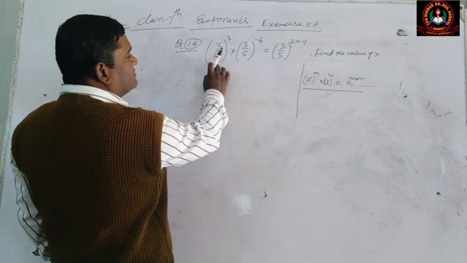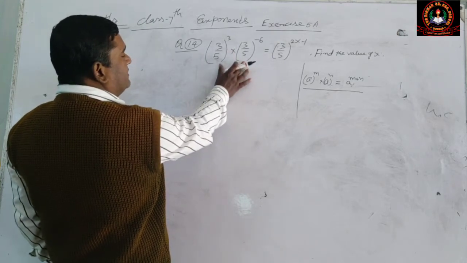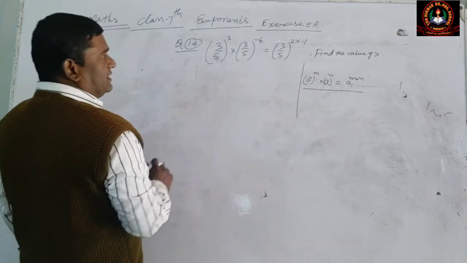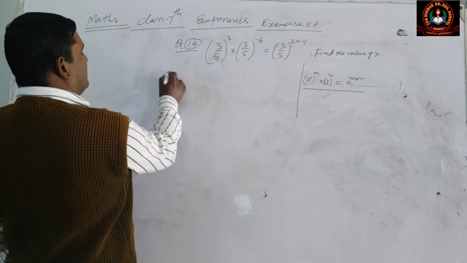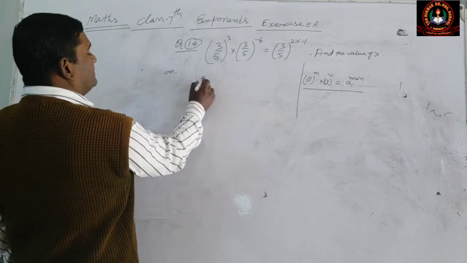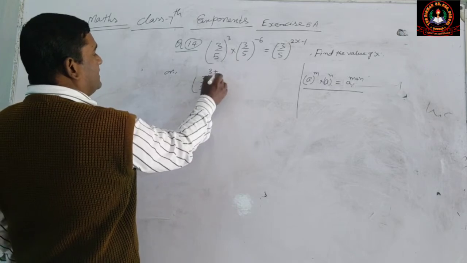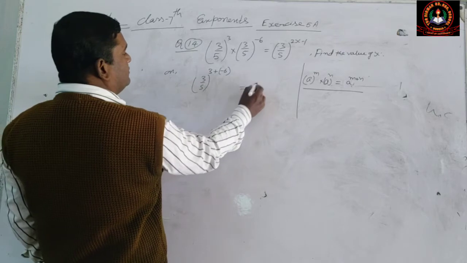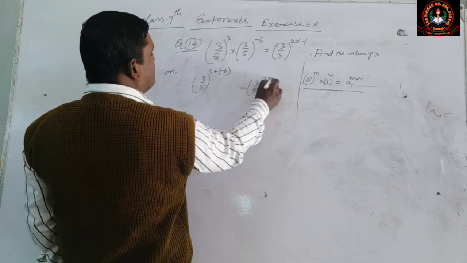The bases are same and the sign between these two rational numbers is multiplication, so you will add their exponents. So you may write it (3/5) whole power 3 plus minus 6 is equal to (3/5) whole power 2x minus 1.